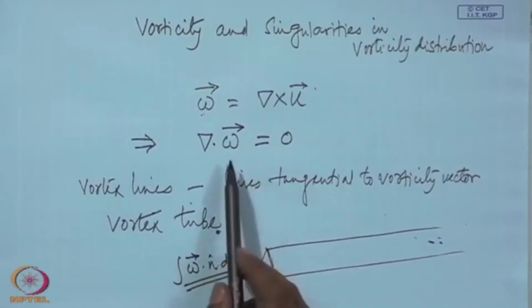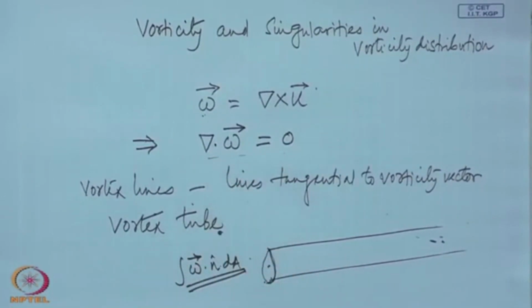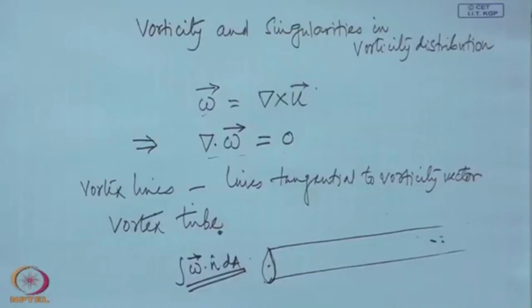Because of this property, divergence of omega equal to 0, we can very easily show that the strength of the vortex tube will not change. The vortex tube may change its shape, but the strength will remain the same anywhere, independent of the area A that you choose.